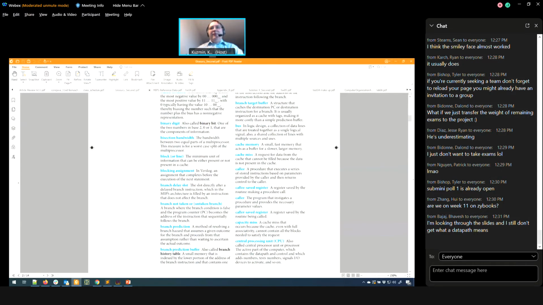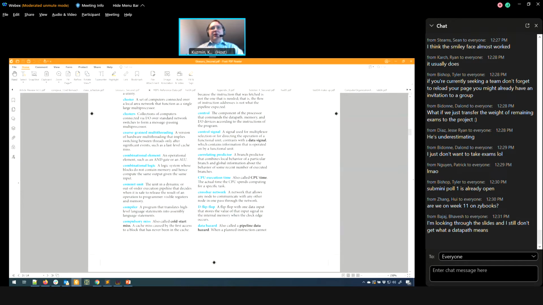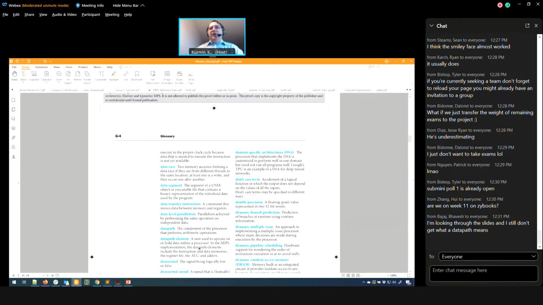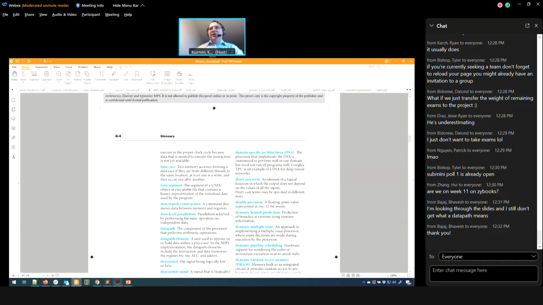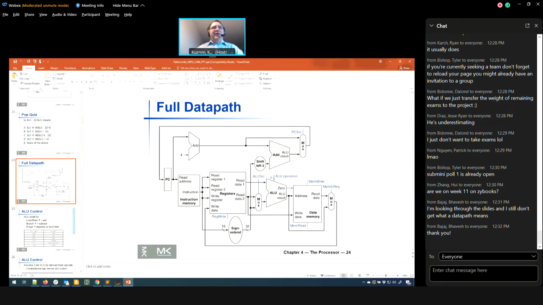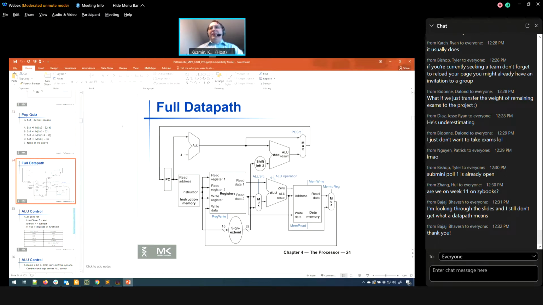There's this PDF, and I'm wondering if data path is here. I believe it should be. Data hazard is something we're going to talk about today, and data path is certainly here. So please know and love your course materials under the submit site. It has tons of useful stuff. And of course, it also should be in the slides, at least in the headings, right? Like, full data path is here. That's actually the slide that we already talked about.